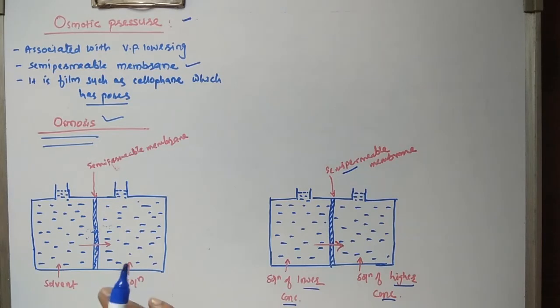In the next diagram, the two solutions taken are a solution of lower concentration and a solution of higher concentration, separated by the semi-permeable membrane. The concept of both diagrams is the same: the flow of solvent molecules from the solvent column to the solution column, and here from the solution of lower concentration towards the solution of higher concentration.